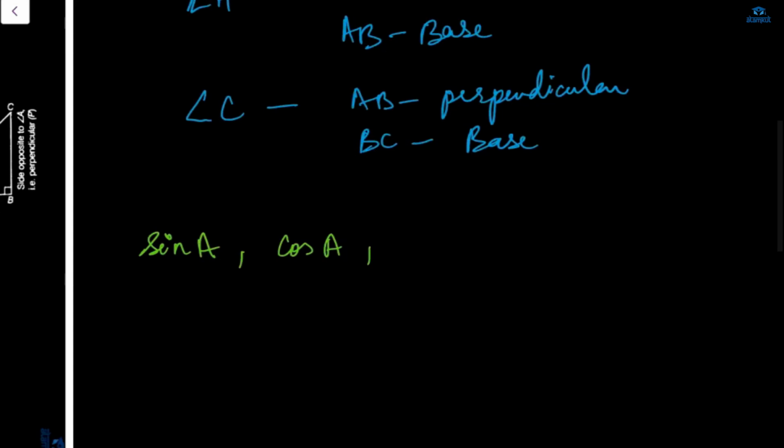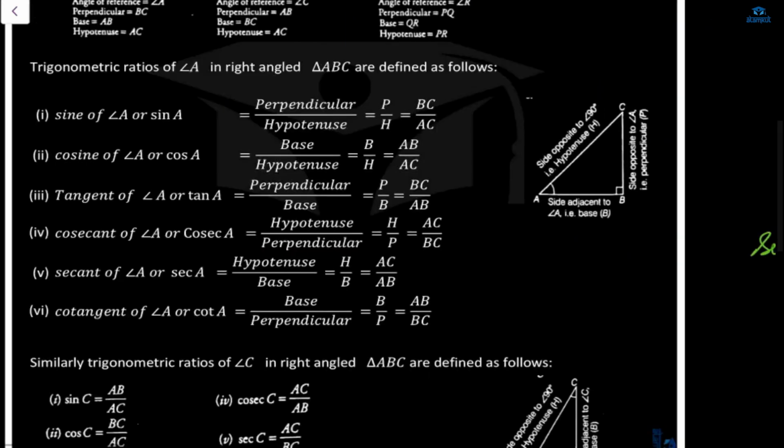Here I'm taking A: sin A, cos A, tan A, cosec A, sec A, and cot A. These are the short forms, but it should be clear what they mean. The full form is sine of angle A, cos A is cosine of angle A, tan A is tangent of angle A, cosec A is cosecant of angle A, sec A is secant of angle A, and cot A is cotangent of angle A.